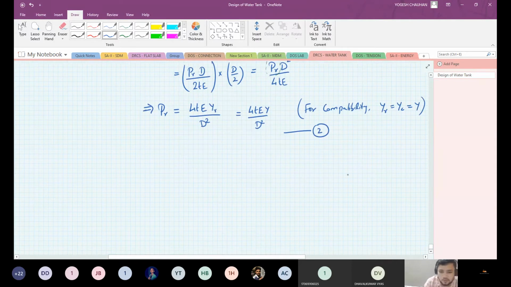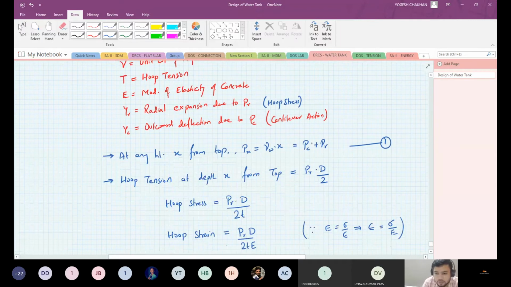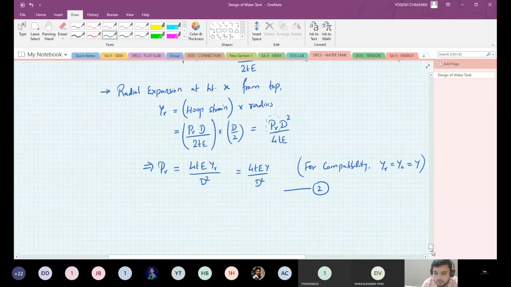Now for this term PC, we'll use the simple bending theory.